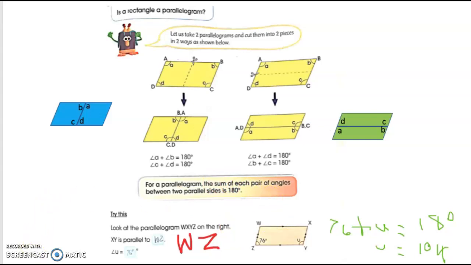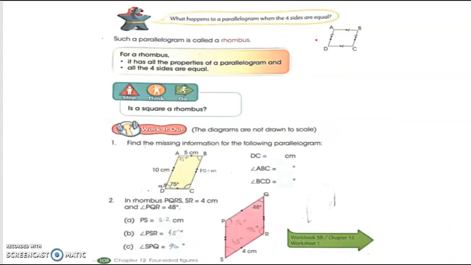Okay, likewise. Now look, what happens to a parallelogram when the four sides are equal? See, when the four sides are equal, the parallelogram is called a rhombus. For a rhombus, it has all the properties of a parallelogram.